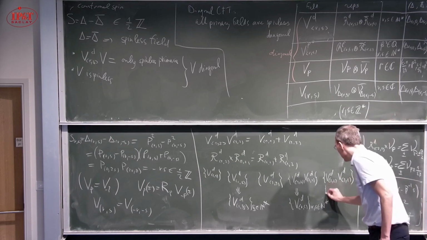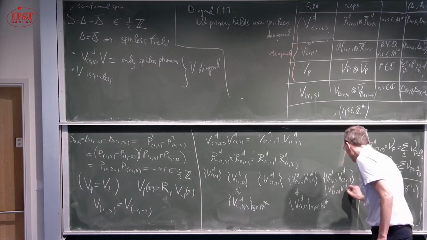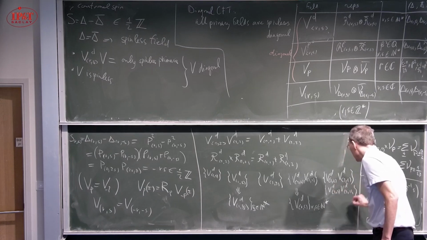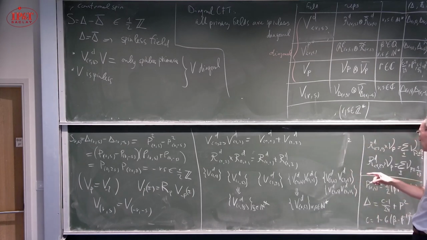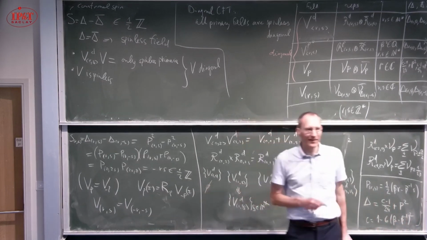Or you could have V_{13} and V_{31}. Oh, I'm missing one family here. Yeah, I'm missing the trivial family where we don't have any degenerate fields.